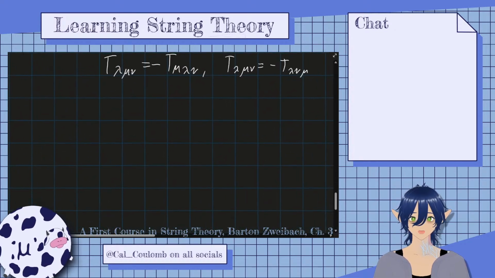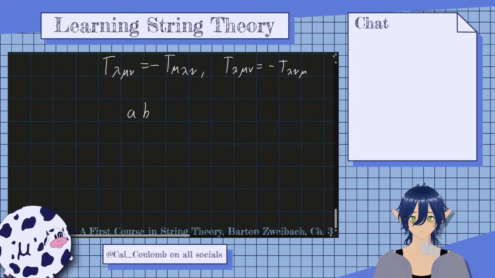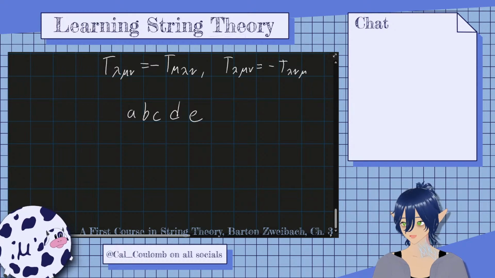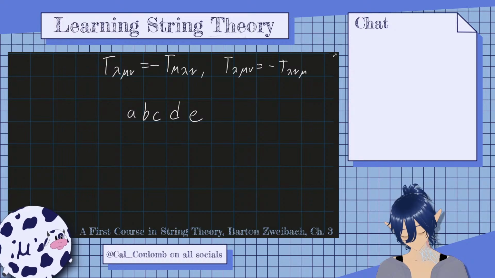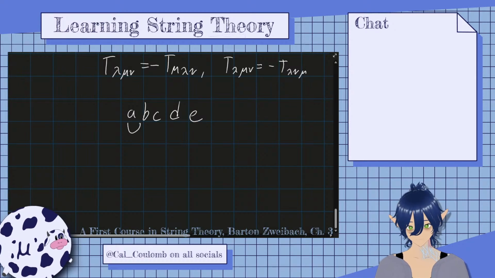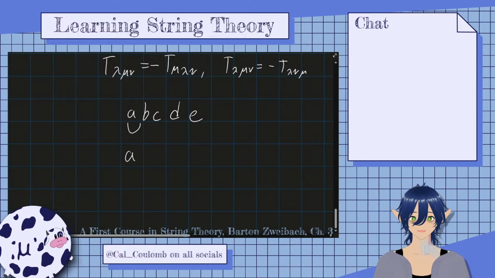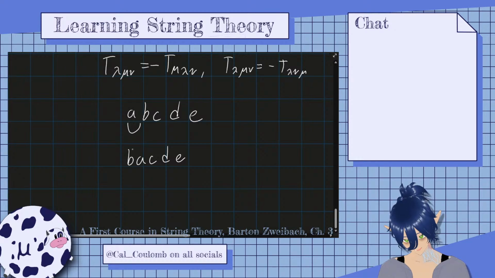Say we have just A, B, C, D, E, and we wanted to swap A and C. Then what we would need to do is swap A and B, so we have B, A, C, D, E. Because there's one swap there, that's a minus sign.